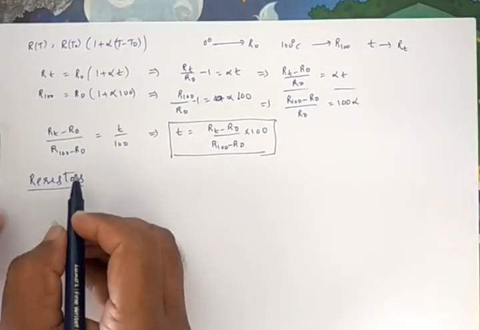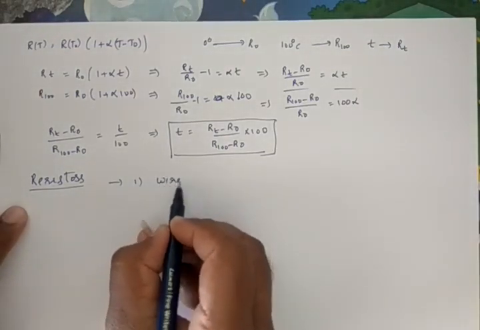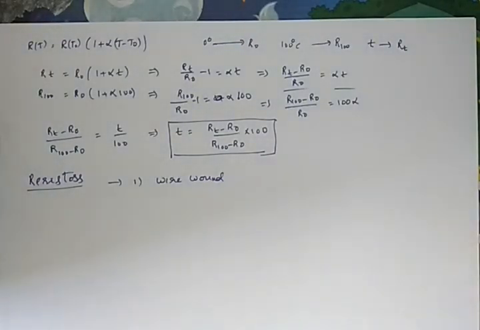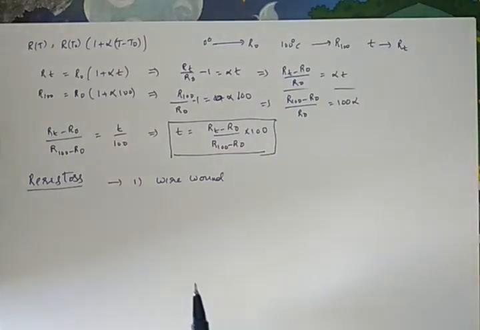And these resistors are of two types. The first type is the wire wound resistor, which is prepared by winding nichrome or manganese wire. Why am I choosing nichrome and manganese wire? These are two materials whose resistivity is highly insensitive to temperature.